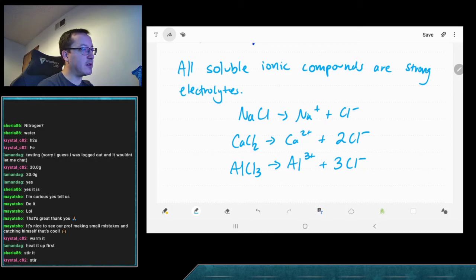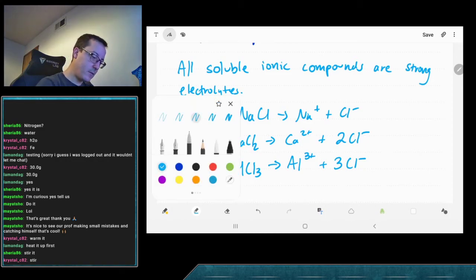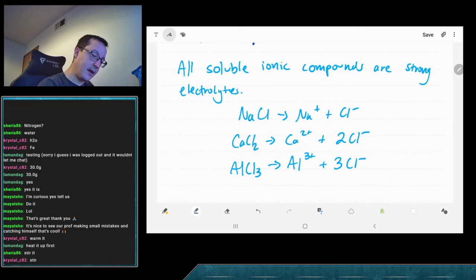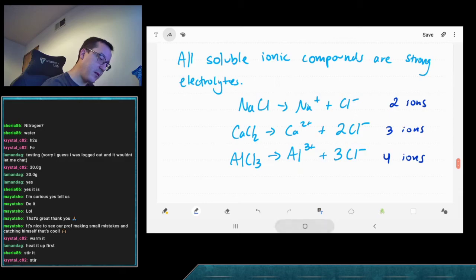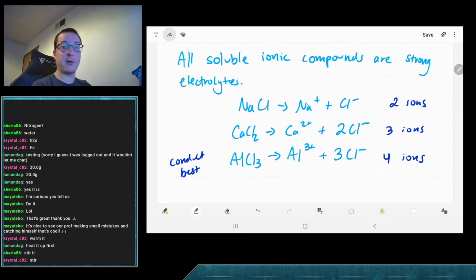If we compare these, we could see we have 2 ions formed, 3 ions formed, and 4 ions formed in this case. This would conduct the best of the 3 of them. All 3 of them will conduct very strongly, but of these 3, the aluminum chloride is going to conduct the most because it has the most ions in there.